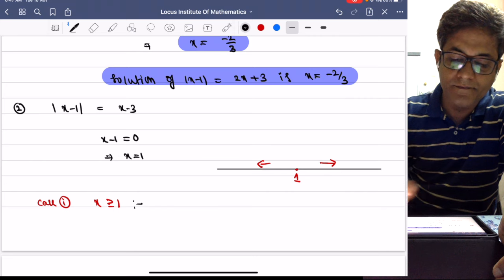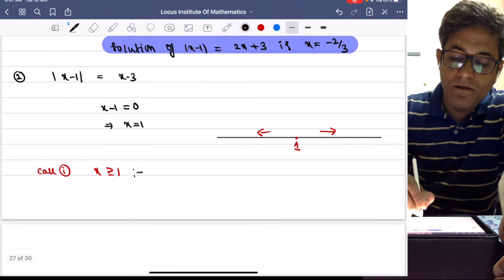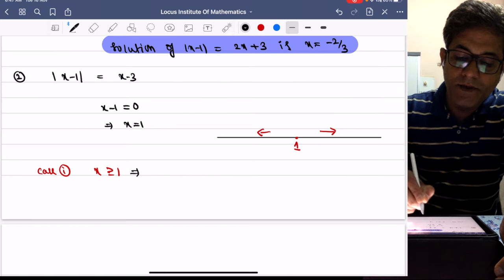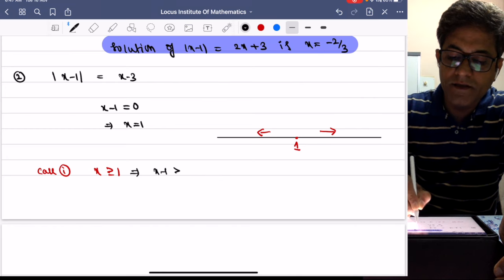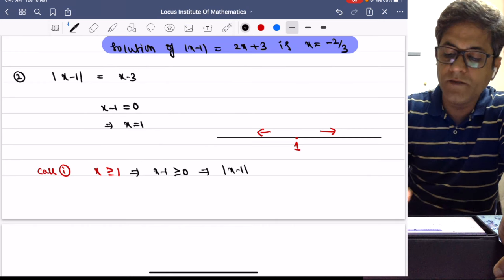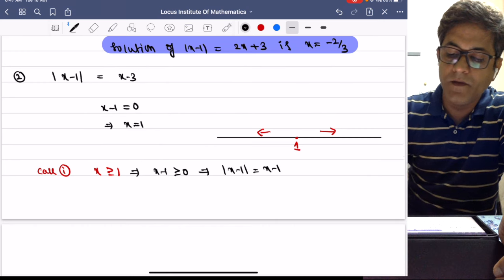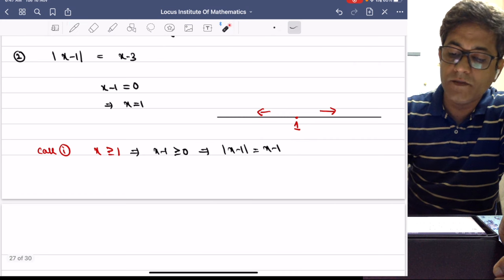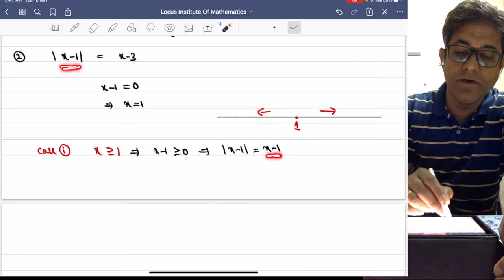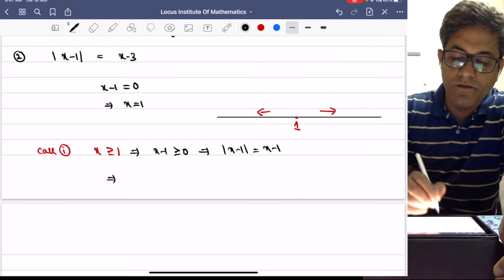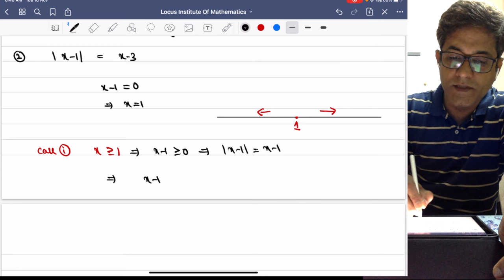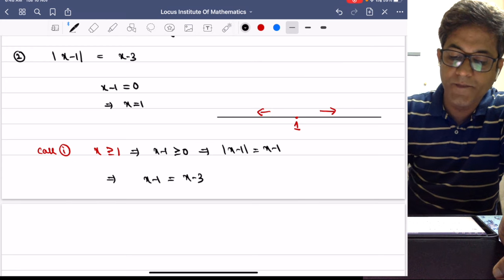So in this case, if x is greater than or equal to 1, that implies x minus 1 is greater than or equal to 0. That implies mod x minus 1 is equal to just x minus 1. Now put this in the given question. Therefore, the question becomes x minus 1 equals x minus 3.